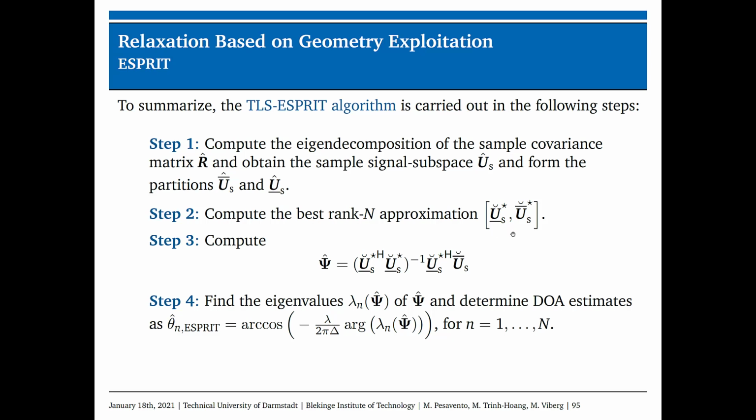Then we compute the matrix psi hat as a least squares solution provided over here. And finally, we compute the eigenvalues of the matrix psi hat, and from their complex arguments, the estimates of the directions of arrival.